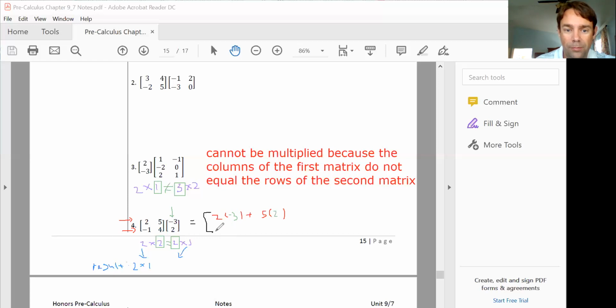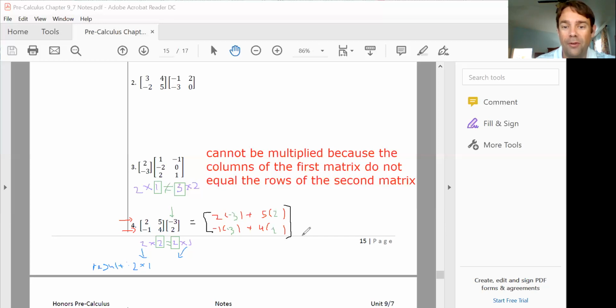Second row times the second column. Or, sorry, not second column, first column. First and only column, that is.